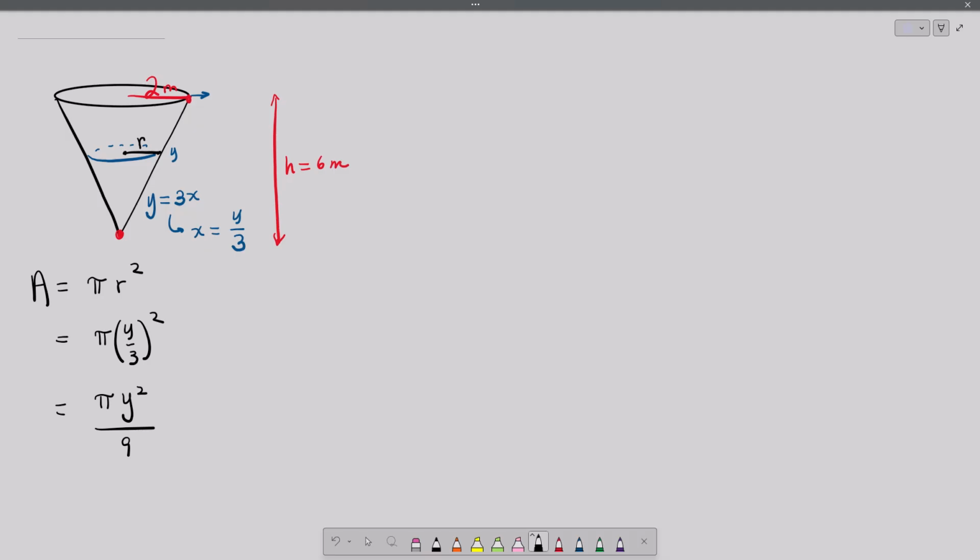That tracks, because the area of a circle of radius 2 is pi r squared, which is 4 pi. So this area formula tracks. If you test your two extremities and get the right answer, you probably have the right area function.